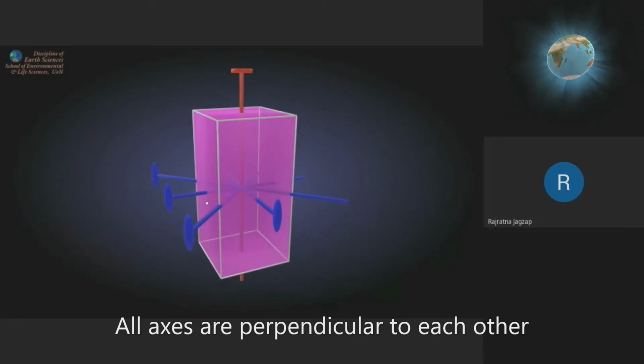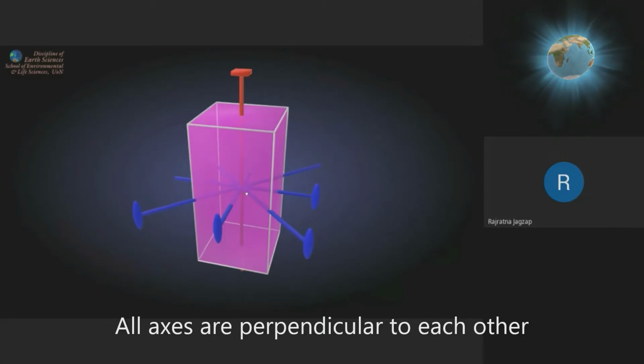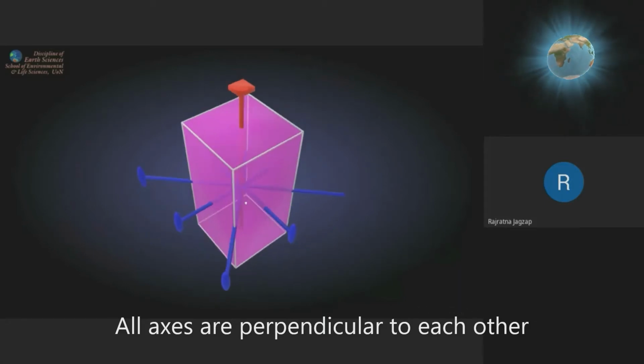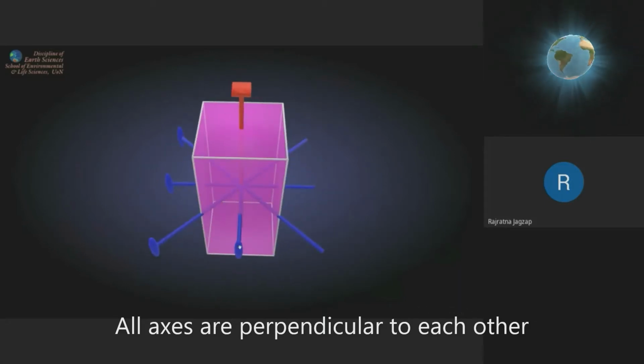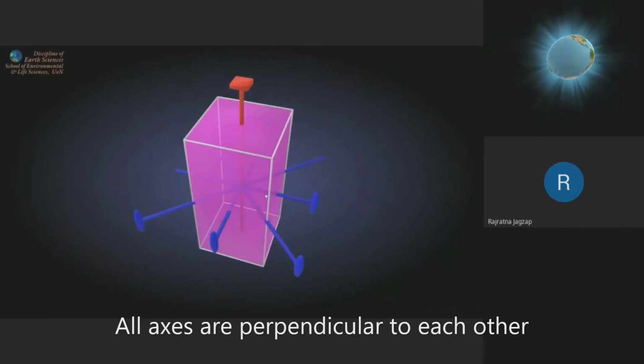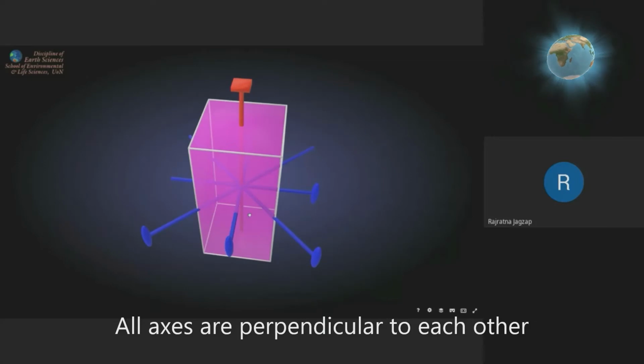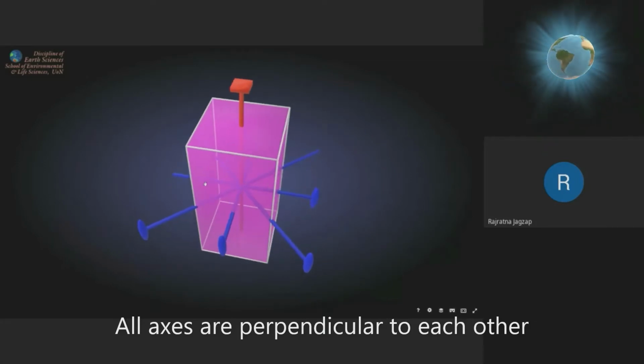Let's see. The vertical axis is perpendicular to A1. The same vertical axis is perpendicular to A2. And A1 and A2 are perpendicular to each other.